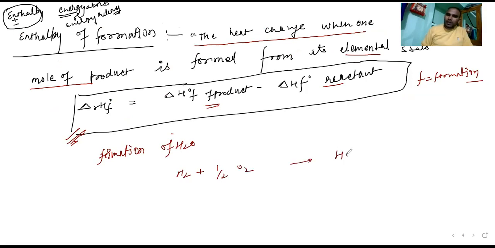So this is going to be H2O. Now if you want to form methane, C plus 2H2 will give CH4. Formation of methane can happen in many ways. What are the ways? You can see this one.